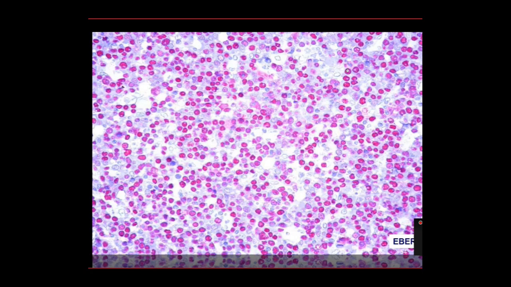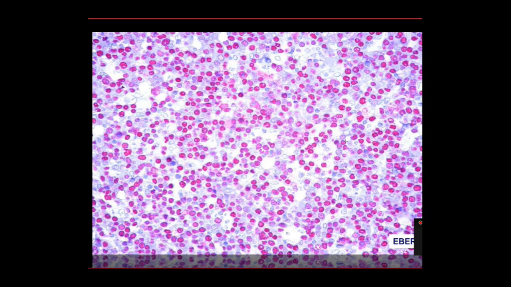Here is EBV in the case of Burkitt lymphoma, so it's very evident. Indeed, we believe, I say we because I'm involved in the research, that a higher percentage of cases of what we currently consider EBV negative did experience EBV at a certain point of the neoplastic transformation. Indeed, it's called the hit and run hypothesis, since the episomal DNA of EBV cannot replicate as fast as those tumor cells.